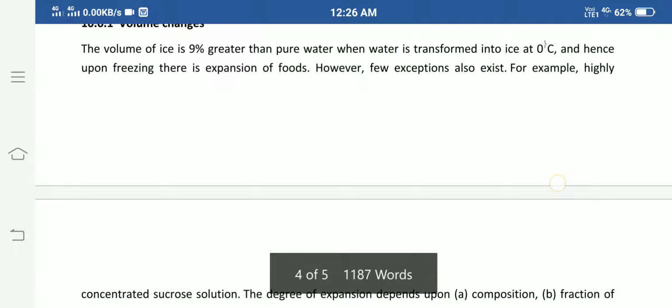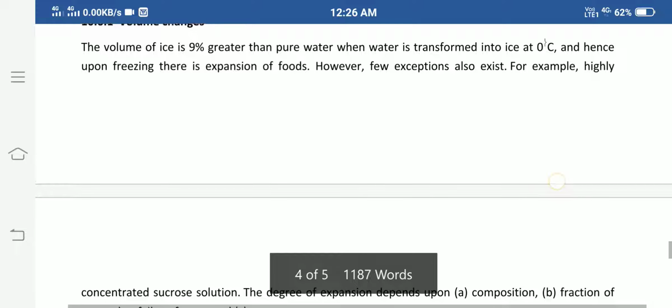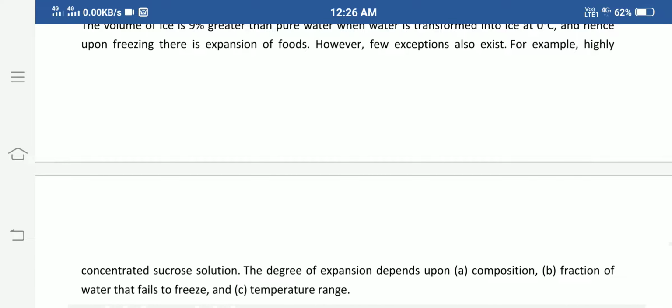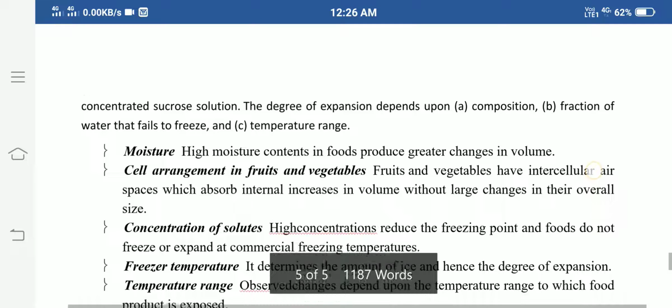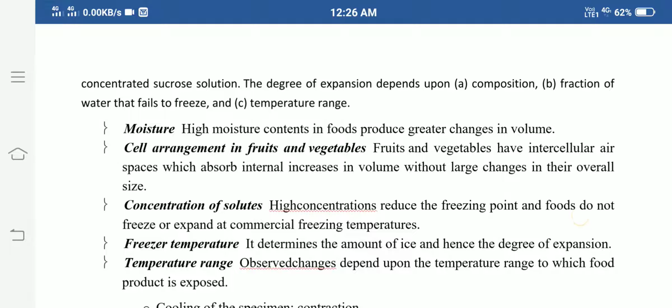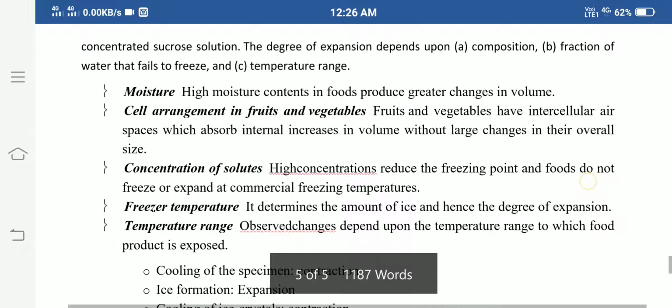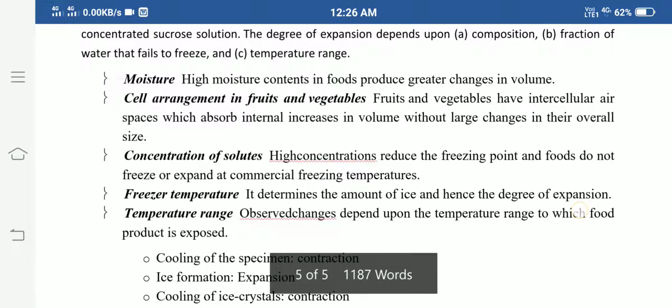So we know freezing expands the food. For expansion we have to be ready to accommodate that expansion. Accordingly we have to design the packaging.